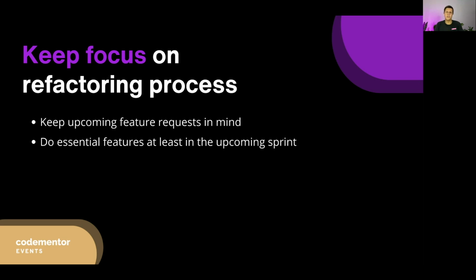Although we must keep these features in mind during application design, and we have to solve the challenges that we are facing in the new app to be able to implement these features, it's safer to separate these steps, at least into different sprints.